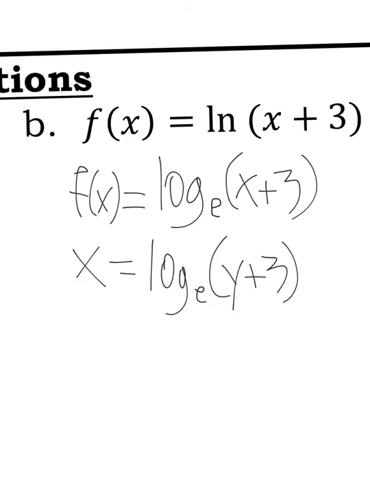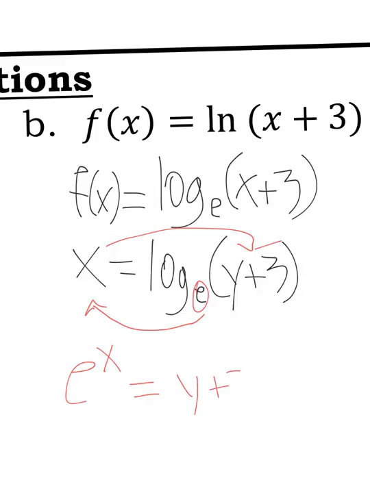Well, you need to refer to the definition of a log. Remember, you take the base of the log, you raise it to the power of the outside, and it'll equal that inside number. So I have e to the power of x equals y plus 3. Okay?